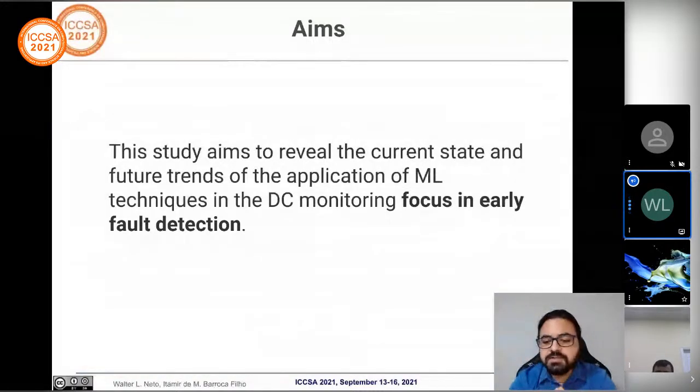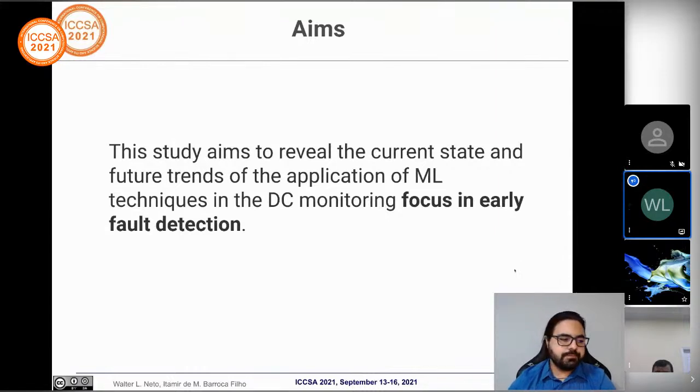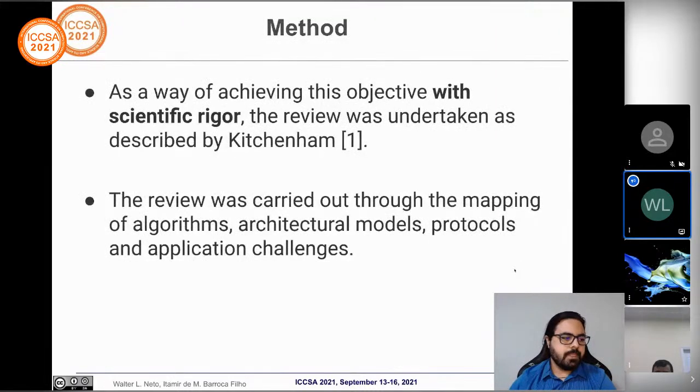What do we aim for in this study? We aim to review the current state and future trends of machine learning techniques, focused on early fault detection. To achieve this goal with scientific rigor, we undertook this review as described by Kitchenham.